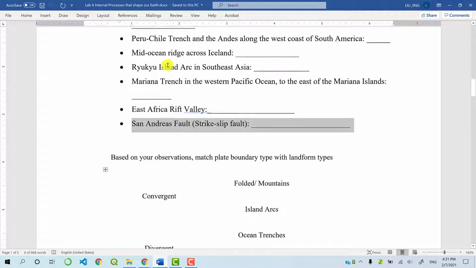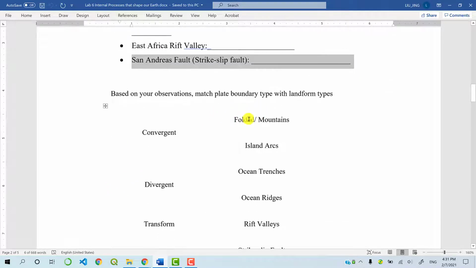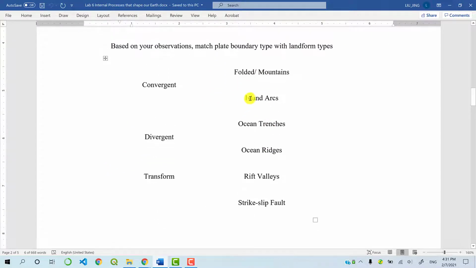Then, based on your findings here, we have a lot of mountains and landforms, like the Himalaya mountains, island arcs like our Ryukyu Island or the Aleutian Islands in south Alaska, ocean trenches like the Peru-Chile Trench, ocean ridges like the mid-ocean ridge across the Atlantic, rift valleys, and strike-slip faults like our San Andreas fault.